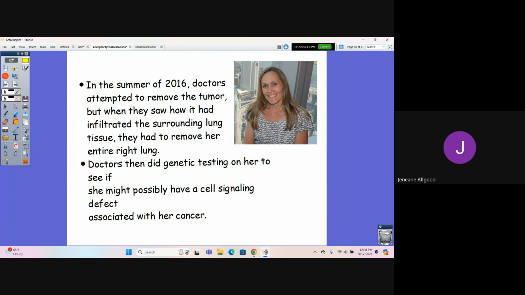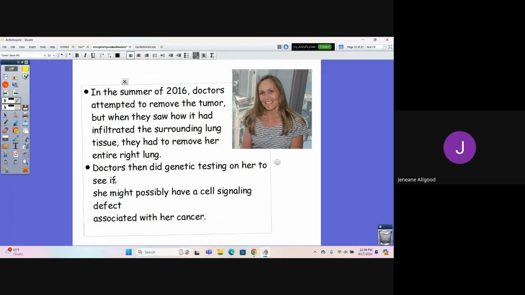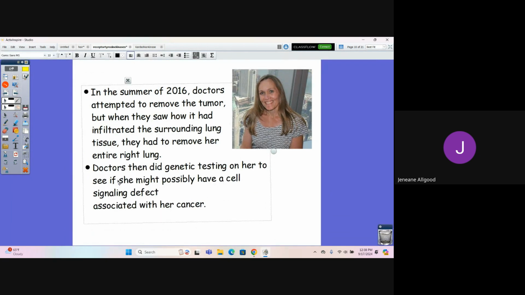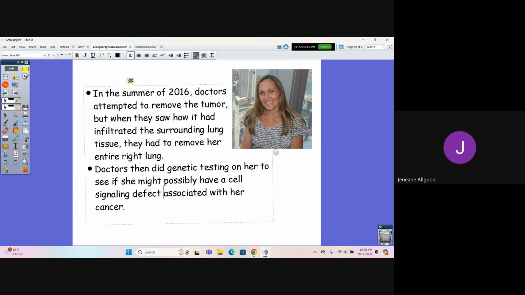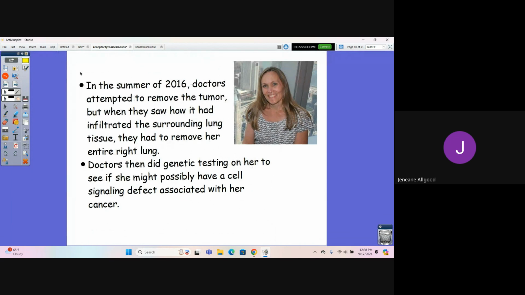Doctors then did genetic testing on her to see if she might possibly have a cell signaling defect associated with the cancer, which she did. So this is not for me to tell a big giant story about my family, but this is the direction that cancer treatment's moving into.